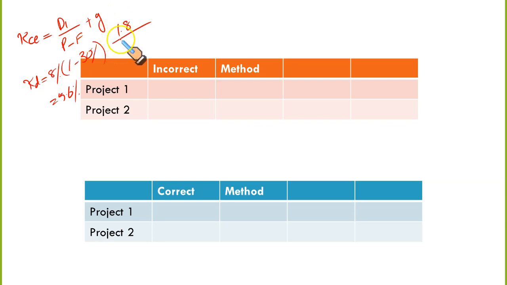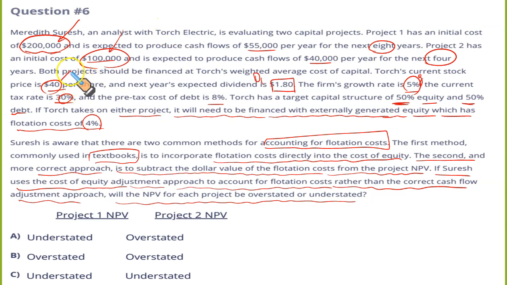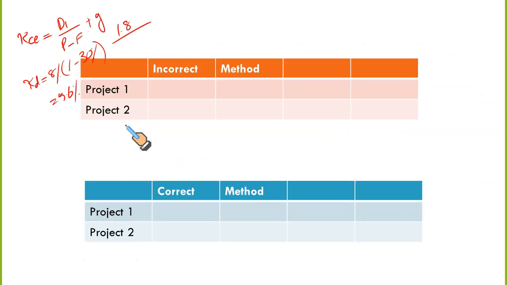Current share price is 40. Flotation cost is 4%. So there are two ways. Either you write 40 minus 4% of 40, or you can simply do $40 times 96%. This will deduct the flotation cost directly from the current share price. And to this add the growth rate, that is 5%.